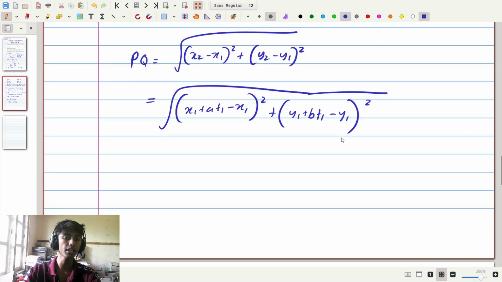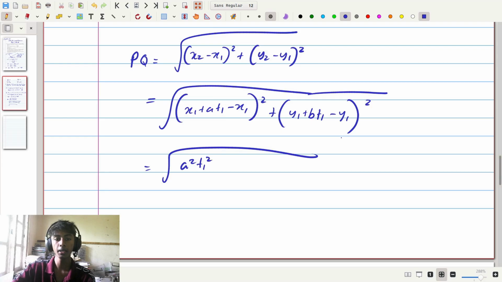Here x1 and x1 cancel and y1 and y1 cancel, and therefore we're left with the square root of at1 squared, which is a squared t1 squared, plus bt1 squared, which is b squared times t1 squared.